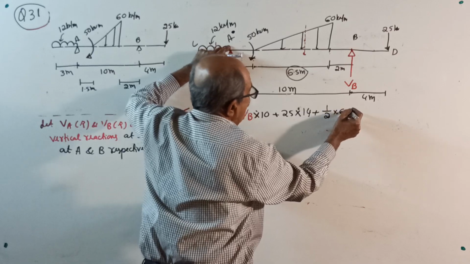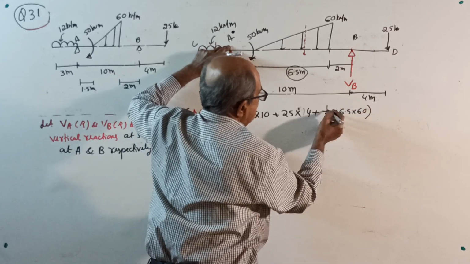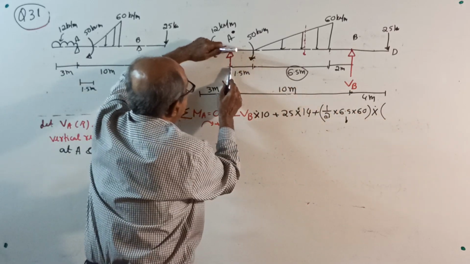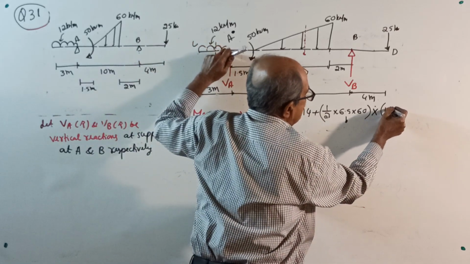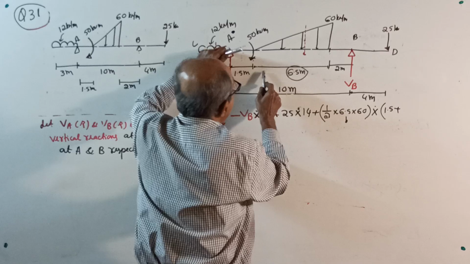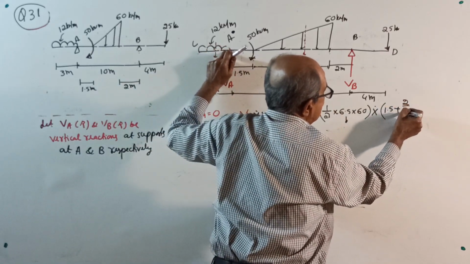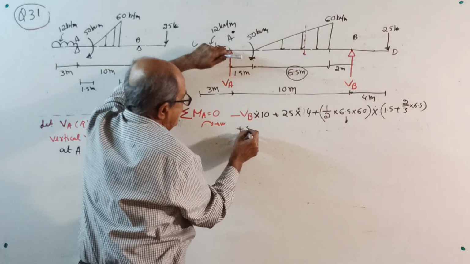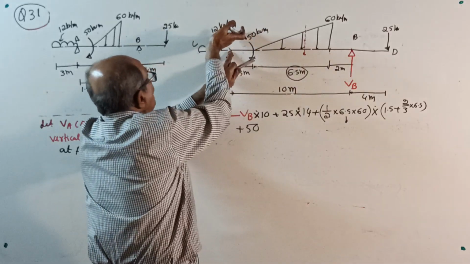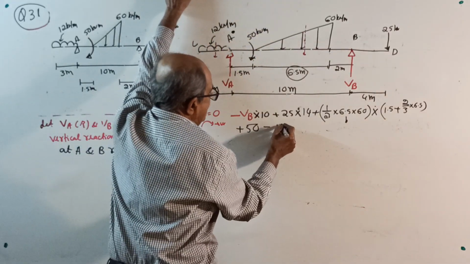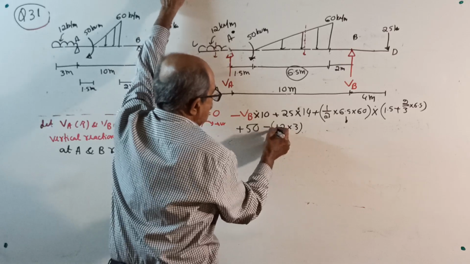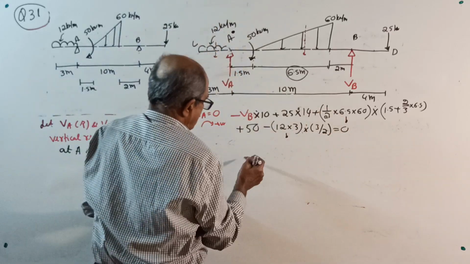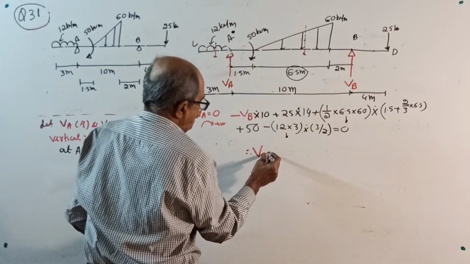Half into 6.5 into 60 is the total load, multiplied by moment about A. This is 1.5 meter, plus from here to here will be 2/3 of 6.5. Then plus 50, no multiplying, that's all, plus 50. This load will produce anti-clockwise moment. Minus 12 into 3 is the total load into 3 by 2, equal to 0. Therefore, you get the value of VB in kilonewton.